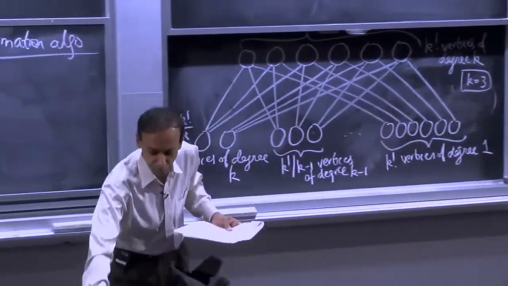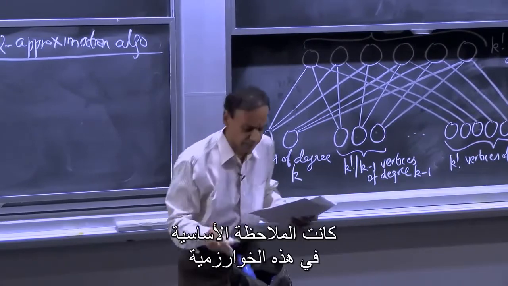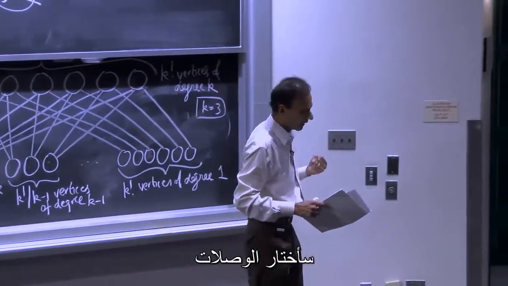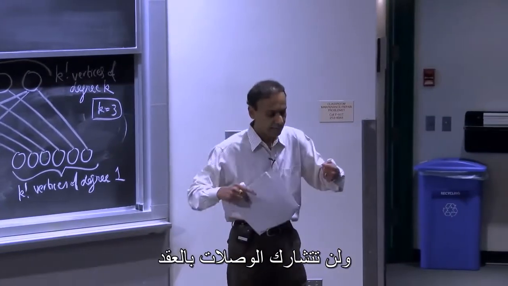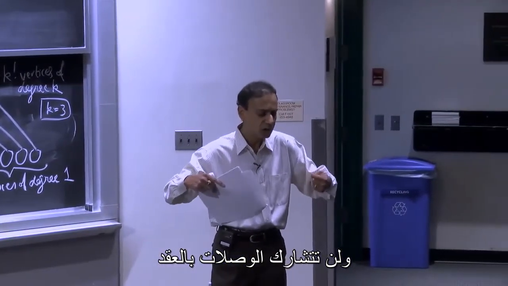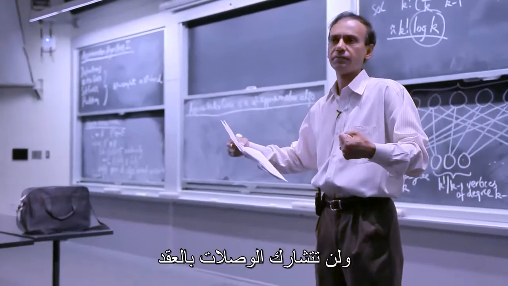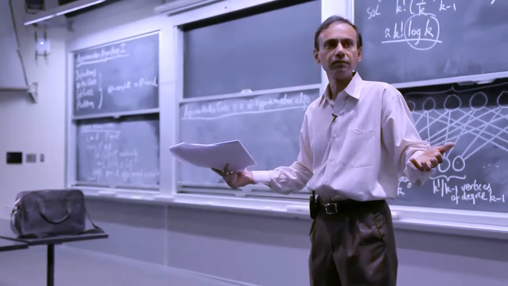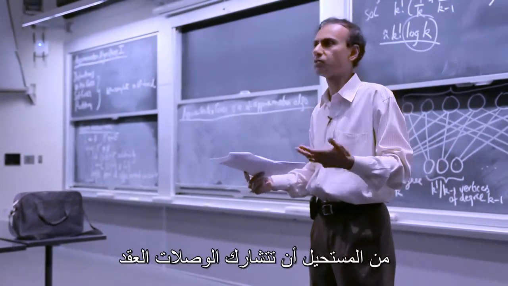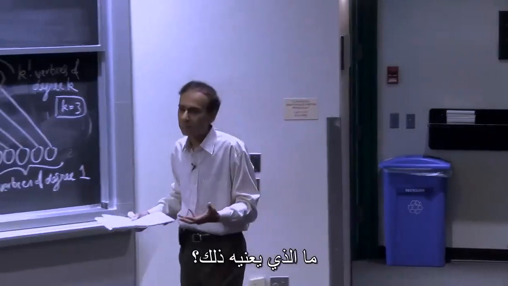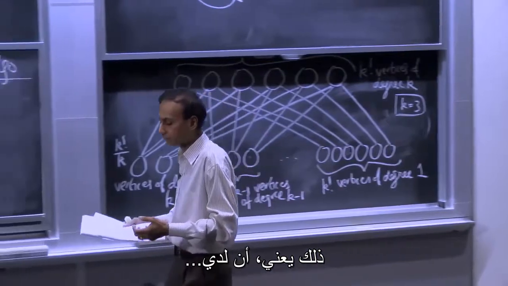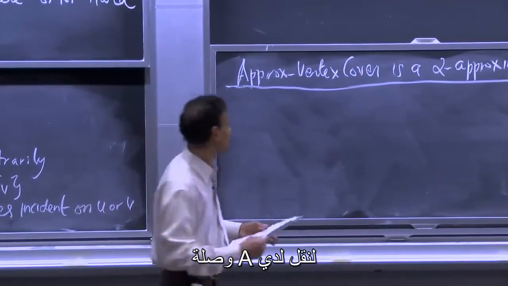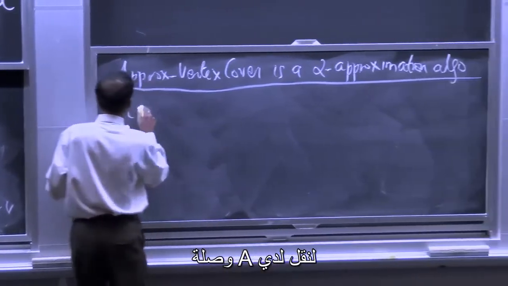Sorry. So the key observation was, in this algorithm, I'm going to be picking edges, and the edges will not share vertices, right? Because I delete the vertices once I've picked an edge, correct? So there's no way that the edges would share vertices. So what does that mean? Well, that means that, let's say I get A edges.